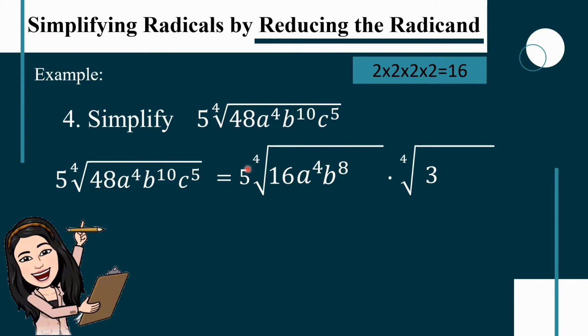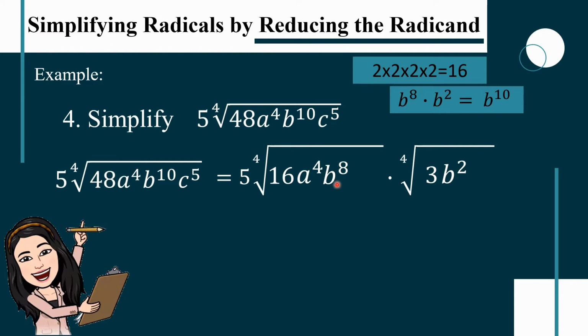So, 8 divided by 4 is 2. So, b raised to 8, ano po yung katuwang natin dito sa ating perfect, non-perfect? Ayan. So, that would be b raised to 2. Why? Kasi ang b raised to 8 times b raised to 2 is equal to b raised to 10. Maliwanag tayo diyan?